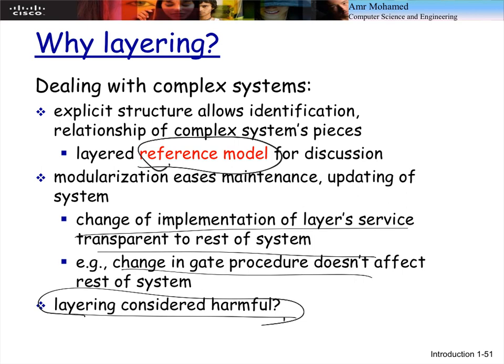Since then, we started to see some issues with the layered model that have to do with the fact that any layer would need some information from the other layer, especially when it comes to wireless, and I'll talk about why. There are so many scenarios, especially in wireless environments, that force you, or at least encourage you, to get some information from other layers in order to perform your functionality more efficiently. And that kind of violates the isolation between the layers.